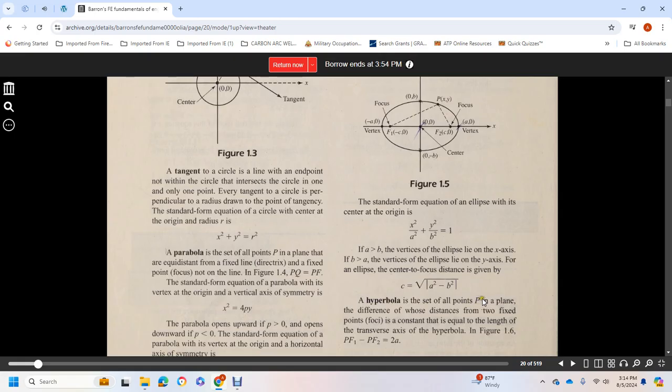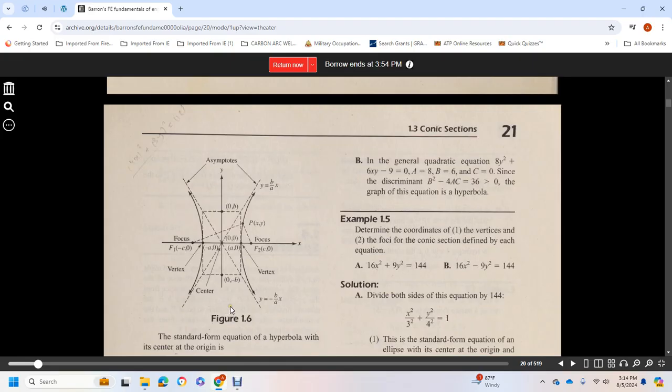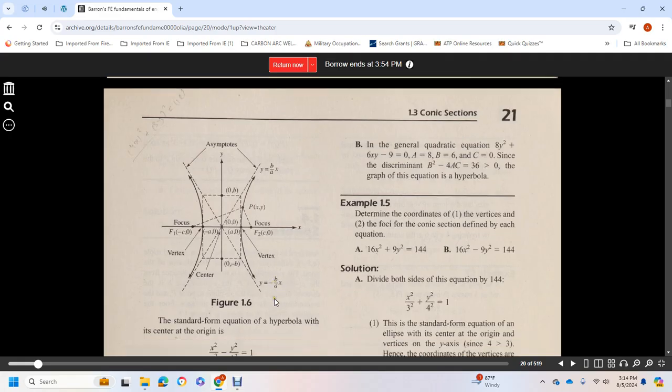A hyperbola is the set of all points P in a plane for which the difference of the distances to two fixed points, the foci, is a constant equal to the length of the transverse axis of the hyperbola. In figure 1-6, the absolute value of PF1 minus PF2 is equal to 2a. This shows the hyperbola with the focus, vertex, and center. The asymptotes are y equals (b over a)x, and on the bottom y equals negative (b over a)x.